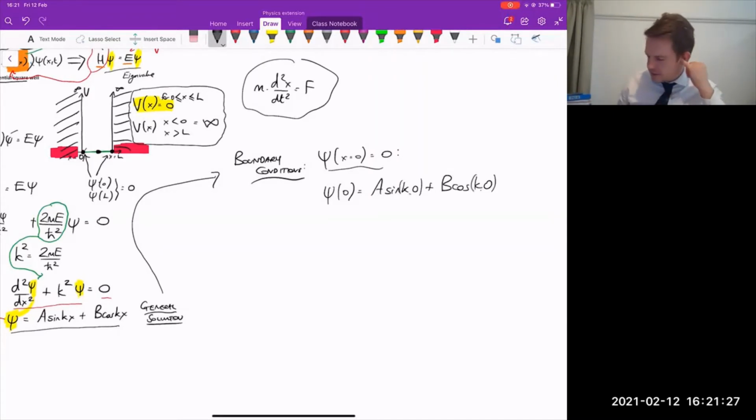Now, sine of 0 is 0, so that disappears. We want the wave function at x equals 0 to be 0, and because cos of 0 is 1, that tells me that b has to be 1.